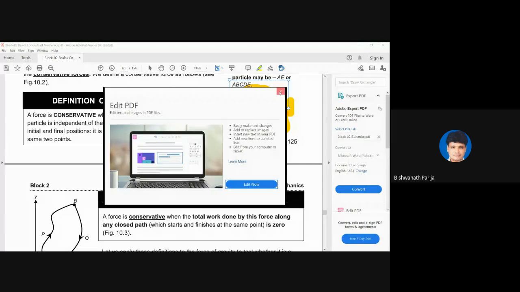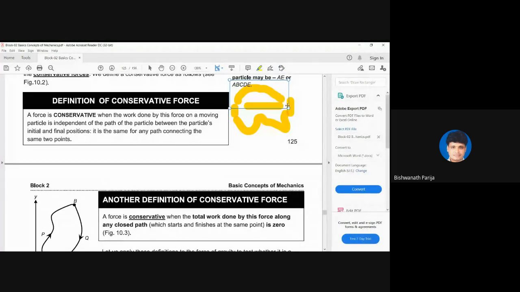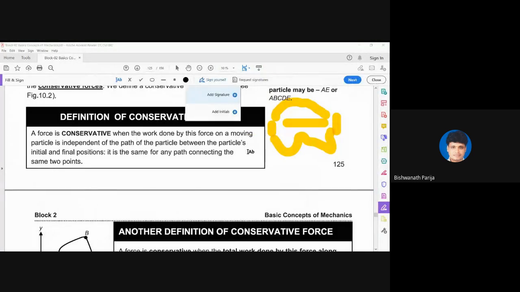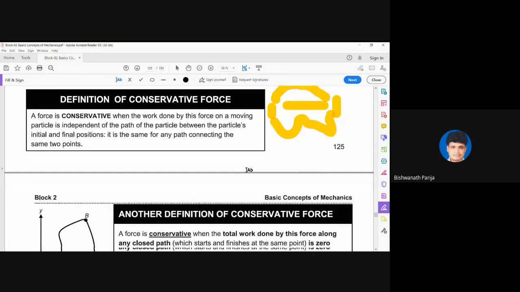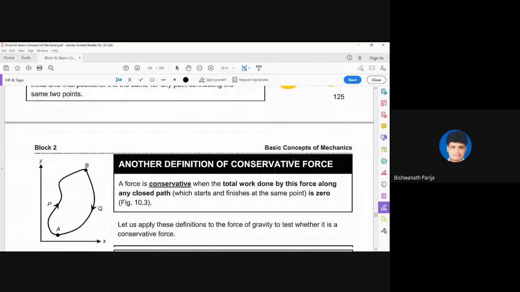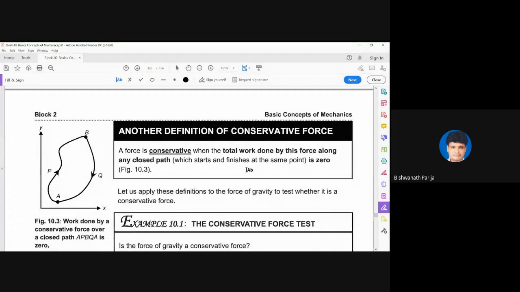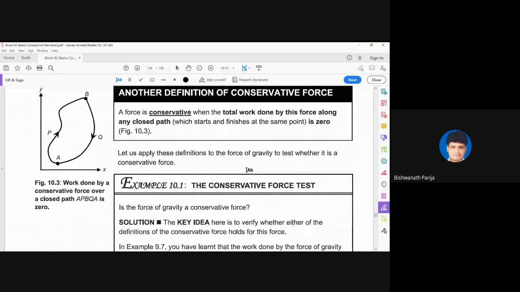So the work done along any path for a conservative force is the same. Another definition of a conservative force: if it is a closed path, the work done is zero.